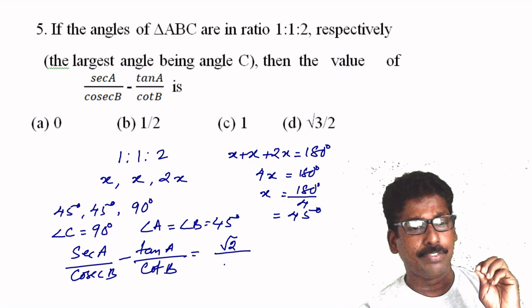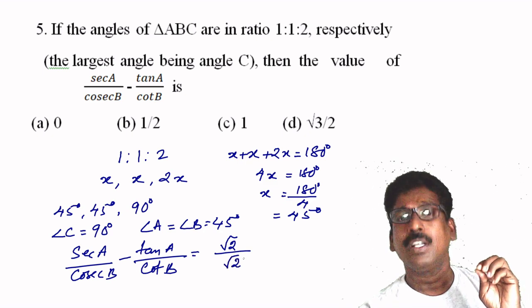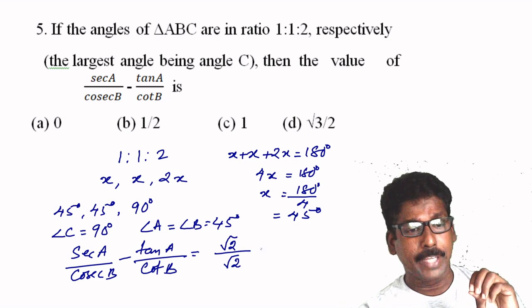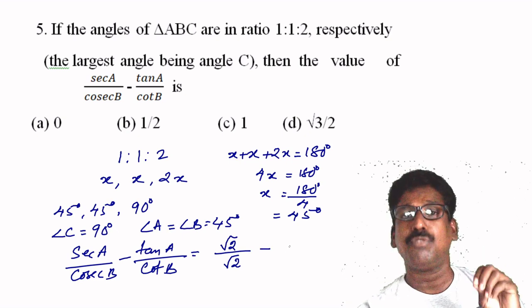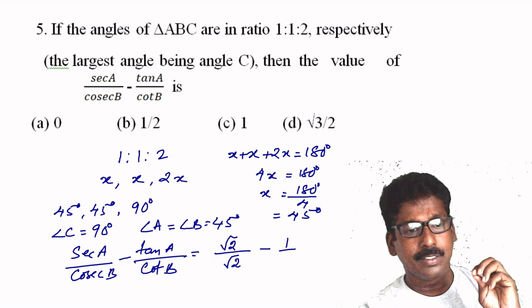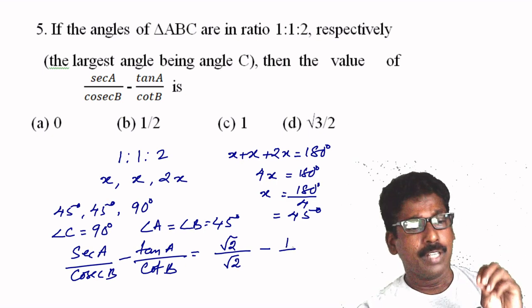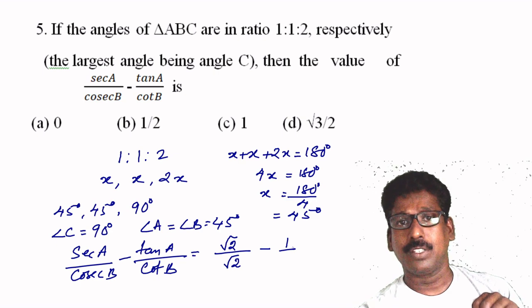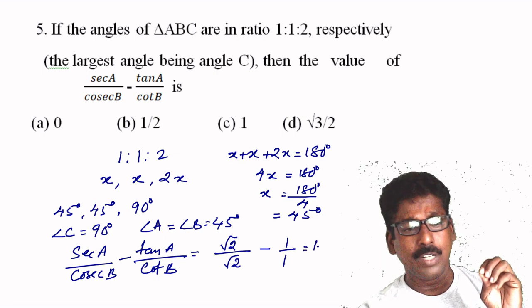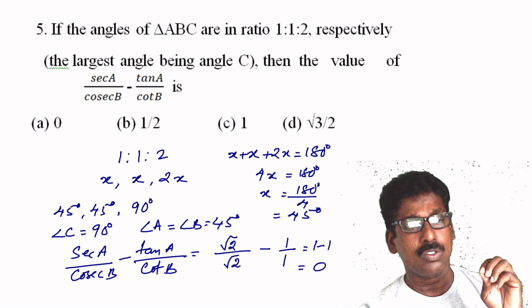So cosec 45 degree is root 2 by 1, which is root 2. Minus, now tan 45 is 1 divided by cot 45. Cot 45 is also 1. So it is 1 minus 1, which is equal to 0.